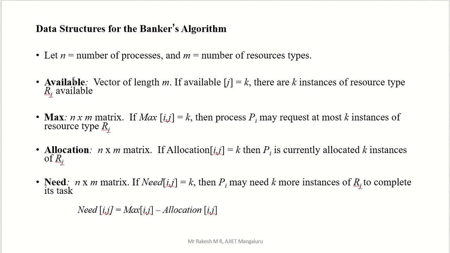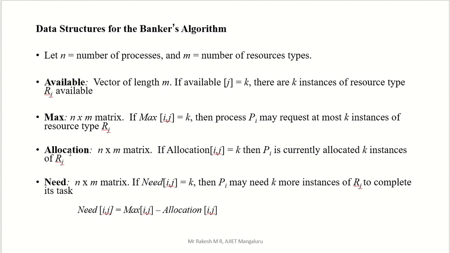Available: how many resources are available. Here, this is the definition. Maximum: how many resources are required at maximum. Allocation means how many resources are already allocated to that particular process.